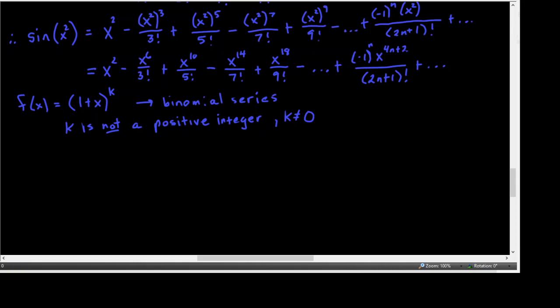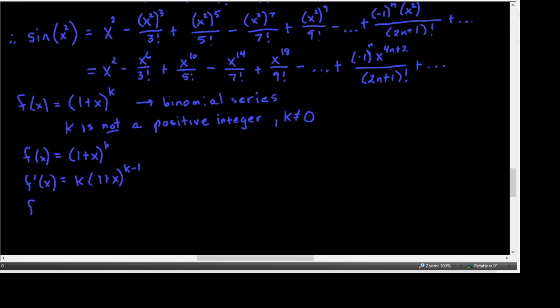So let's do some derivatives. So we have, of course, f of x is 1 plus x to the k. The first derivative of that is k times 1 plus x to the k minus 1.